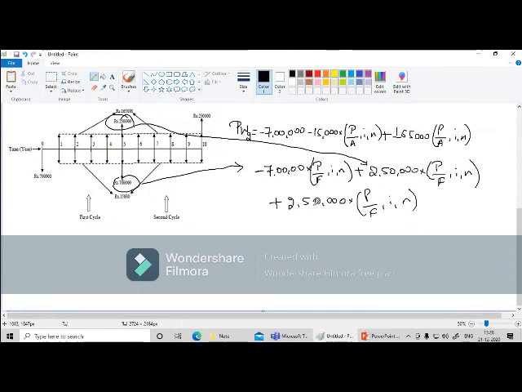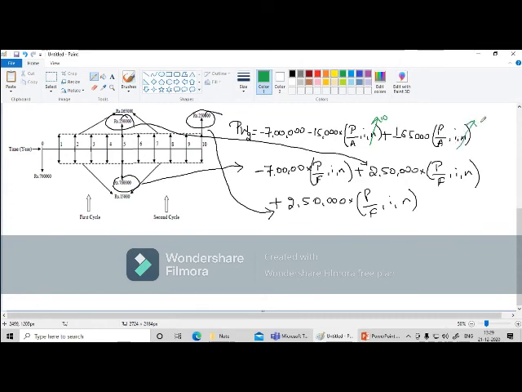You may ask whether I can merge these 2,50,000 values. No, you cannot merge them, because N is different for each 2,50,000. For this 15,000, the value of N is 10 years, because it is stretched out over all the years.